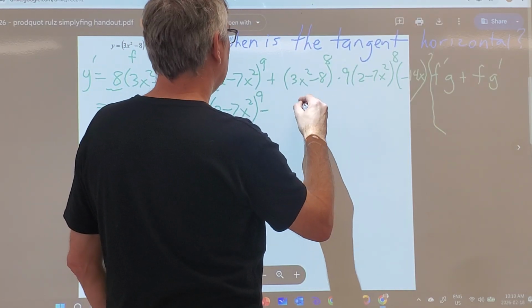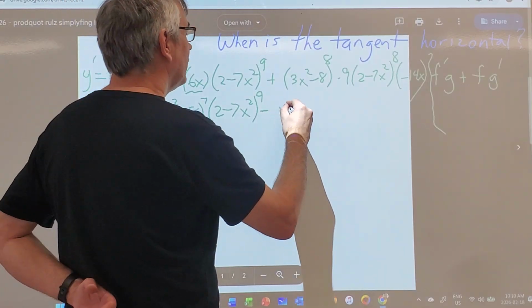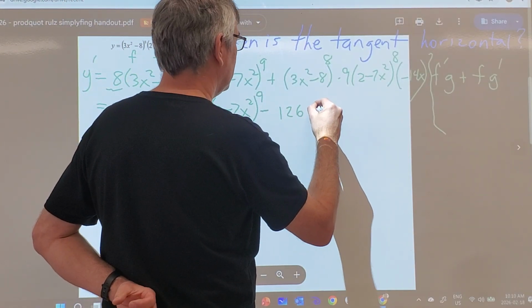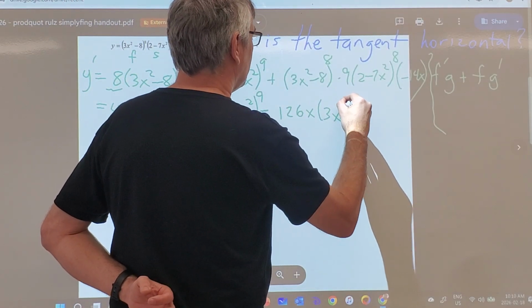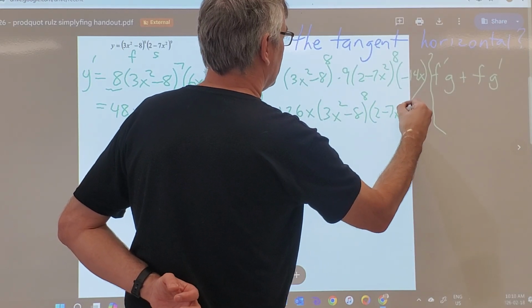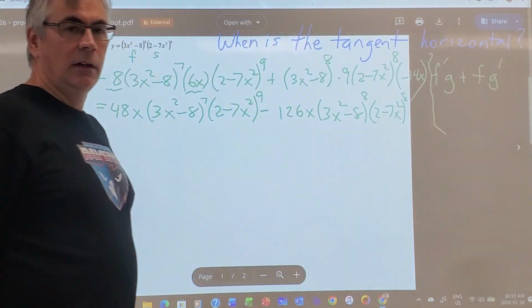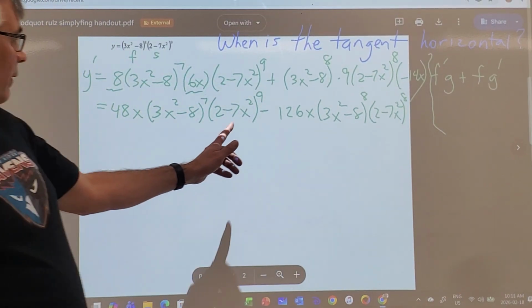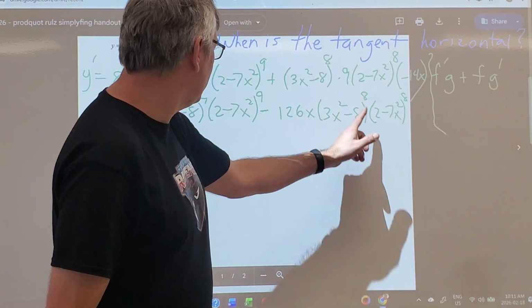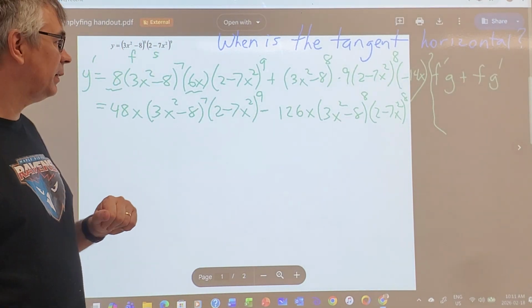Multiply those together. Hopefully you know your 14 times tables. 126x, 3x squared minus 8 to the 8, and 2 minus 7x squared to the 8. One thing you'll notice every time is that these two exponents differ by 1, and those two exponents differ by 1, because of the power rule. It always reduces by 1.